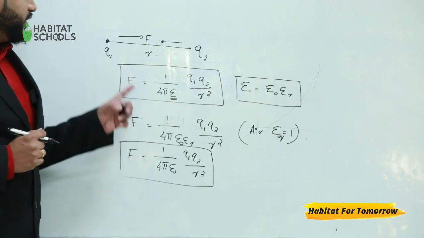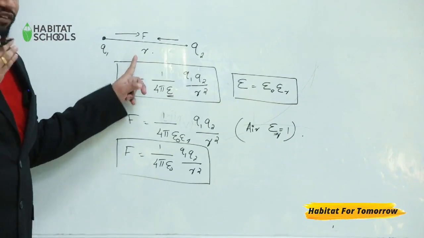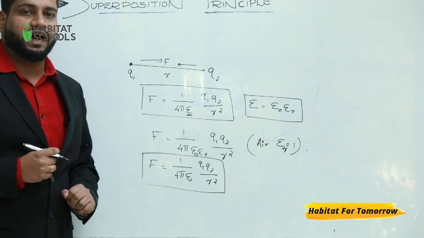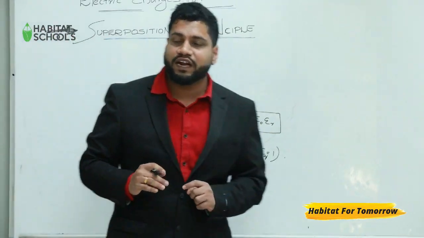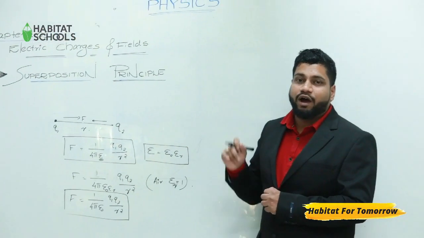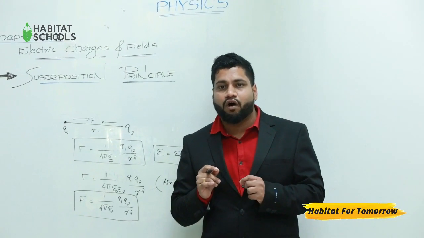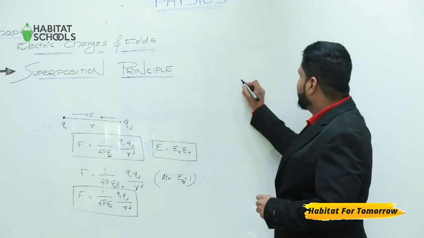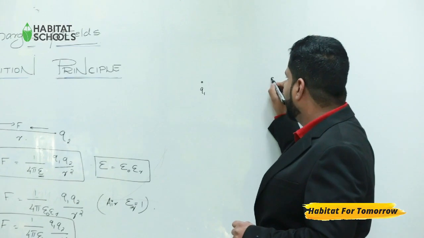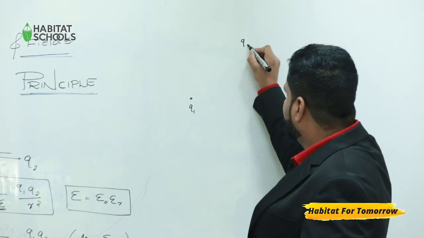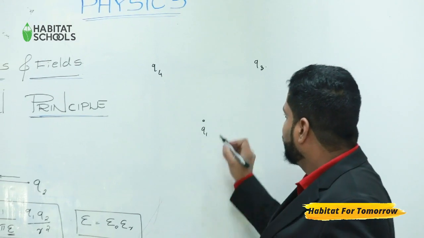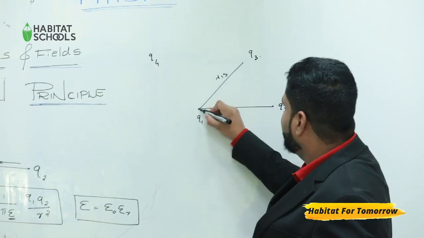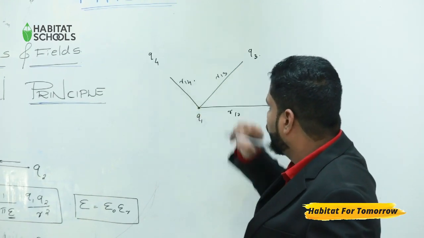But here is one problem: here only two charges are separated by a distance. Then we can find the electrostatic force F is equal to 1 by 4 pi epsilon 0, q1 q2 by r square. My question is, if there are n number of charges, then how to find the total electrostatic force on any one of the charges due to the other charges? For example, here charge q1, here another charge q2, here q3, here q4 are separated by distances r12, r13, r14.